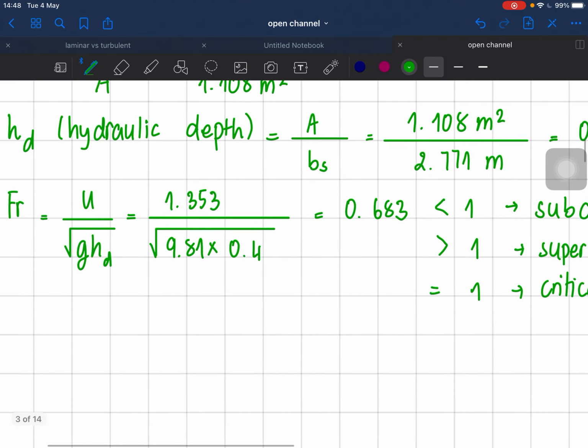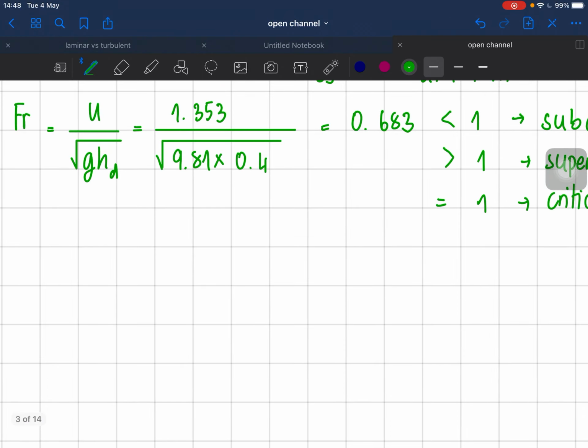So in this case, we can compute the actual Froude number for question B next, but we're not going to go to question B directly because we have not finished question A yet.